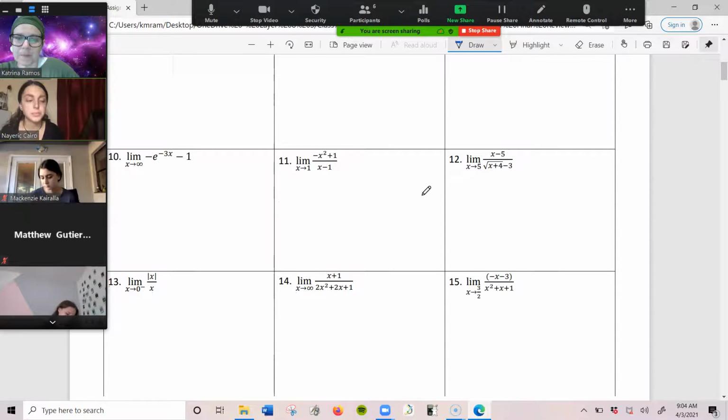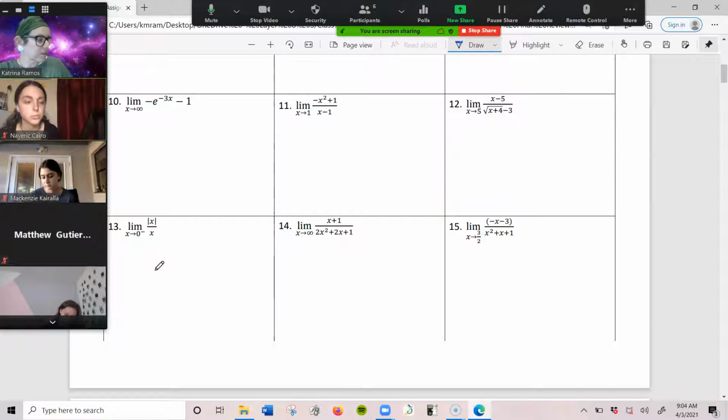13? Sure. Okay, the limit as x is approaching 0 from the left of the absolute value of x over x. Now, whenever you have a limit of absolute value, I know that this was a long time ago, but basically you have to create the piecewise function that represents that absolute value.